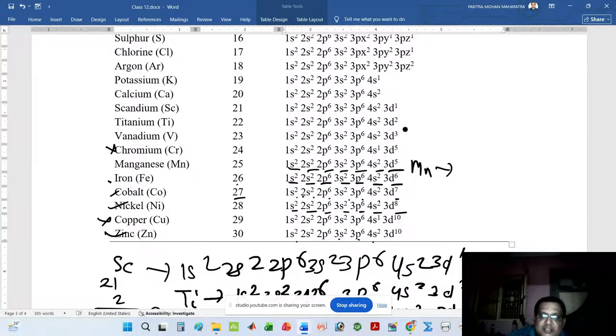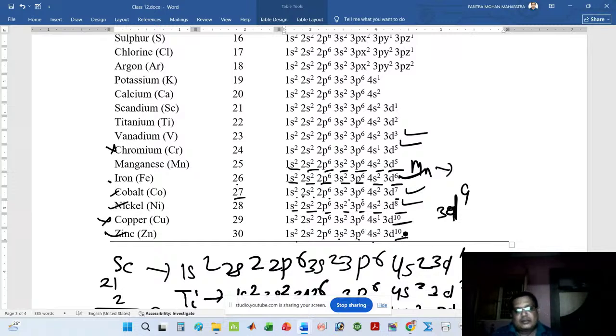Vanadium's last is 3d3. Chromium actually 3d4, but to maintain stability, here I can write 3d5. Manganese and chromium both have 3d5. Next, iron 3d6, cobalt 3d7, nickel 3d8. But if you think about copper, actually it was 3d9, but it is changed into 3d10.